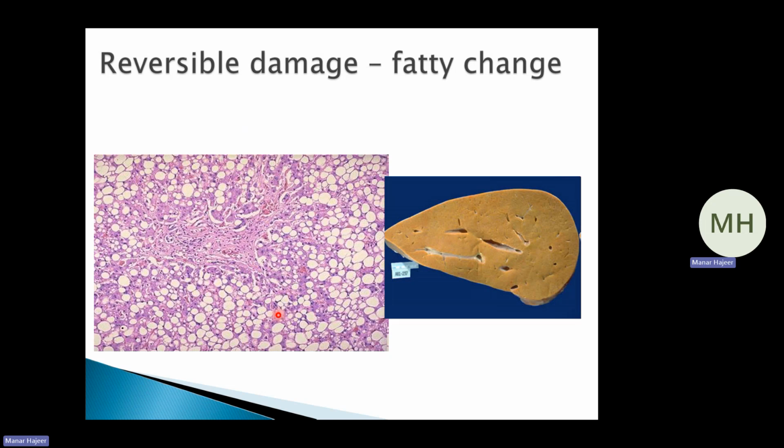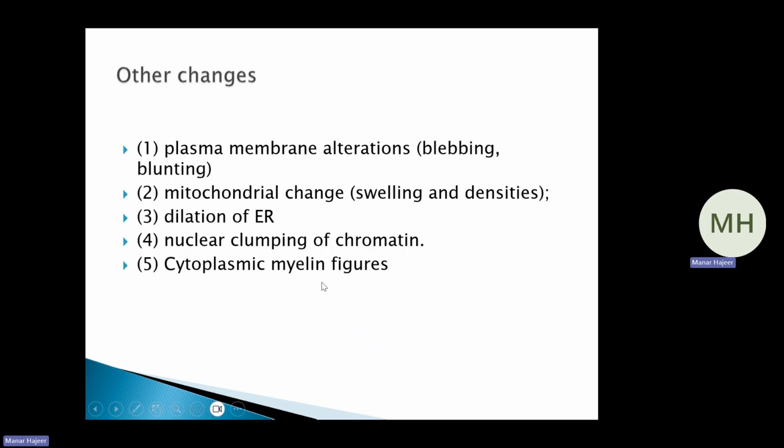So these are the morphologic changes. The other changes are mainly seen by electron microscope, like changes in the plasma membrane, but I have to insist here that the membrane is intact, but we have blebs and blunting in the membrane. The mitochondria also undergo changes in the form of swelling and the appearance of black densities inside the mitochondria. We have also dilatation of the endoplasmic reticulum, and with time there will be detachment of ribosomes from the endoplasmic reticulum.